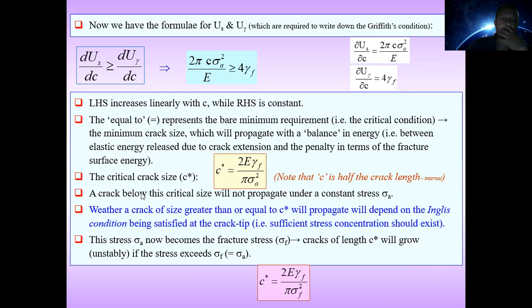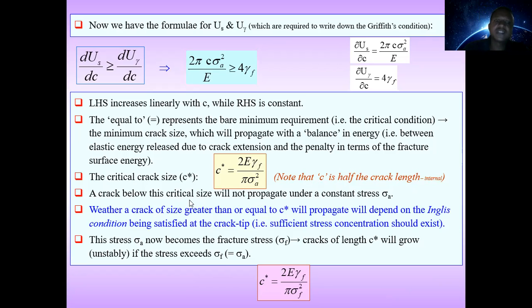So the critical crack size is calculated from this relation. C critical is equal to 2E gamma f over pi sigma a square. C is the half crack length. As we know the crack is 2c, so c is the half crack length.